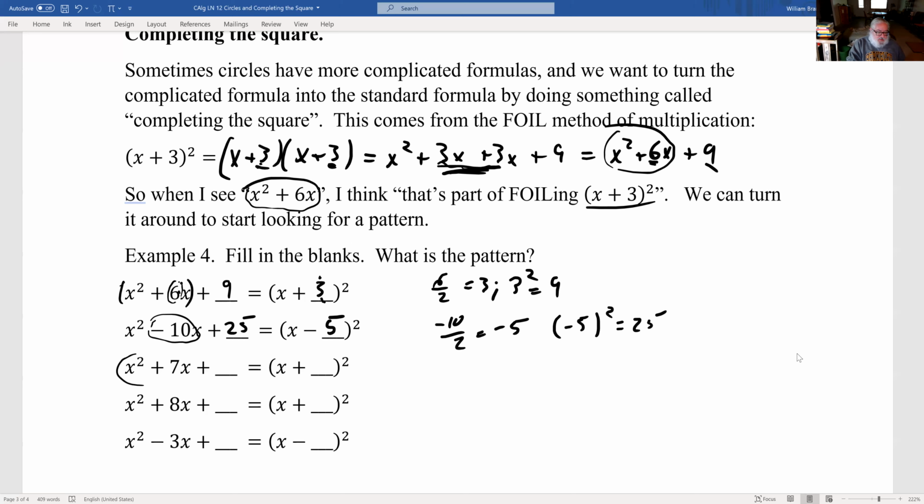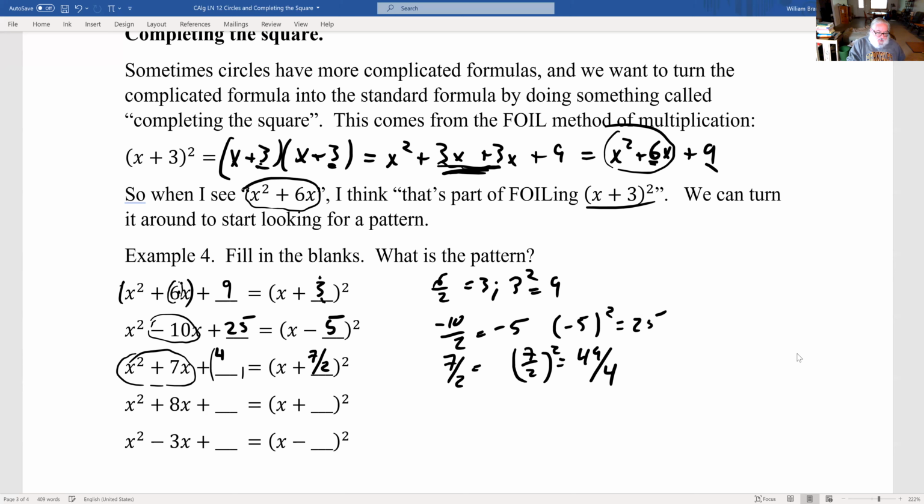So if I have an x squared plus 7x, and I want to say, well, that's part of foiling something out, but what is it? Well, we take 7 and we divide it by 2, and we get 7 over 2. I'm just going to leave that as a fraction. But what is this term here? If we actually FOIL out x plus 7/2 squared, the last term will be 49 over 4.